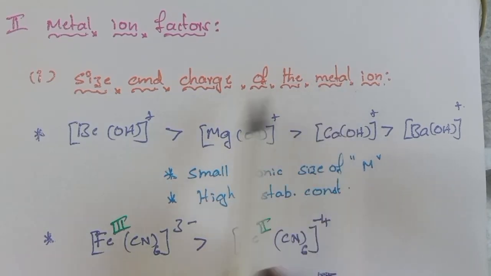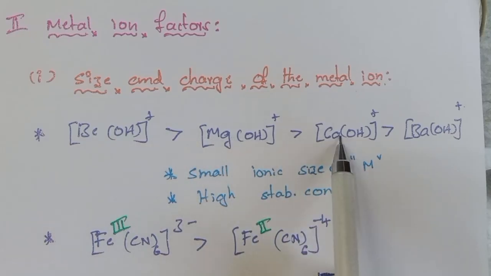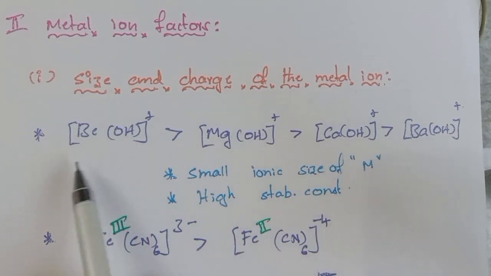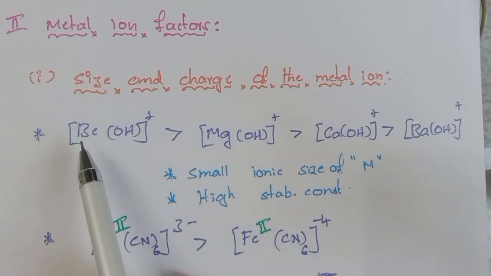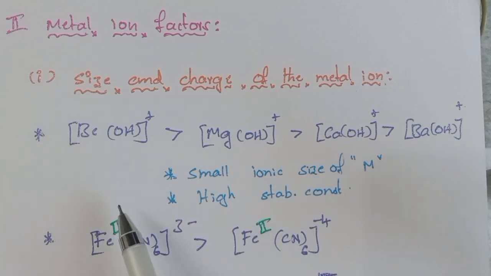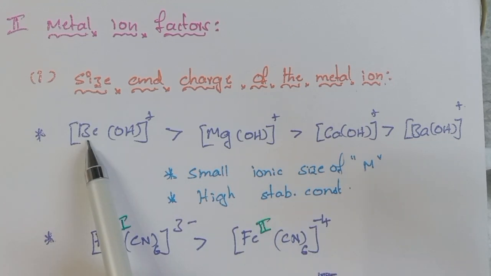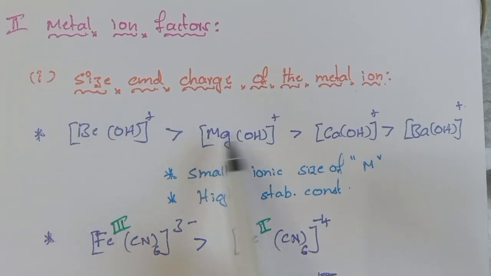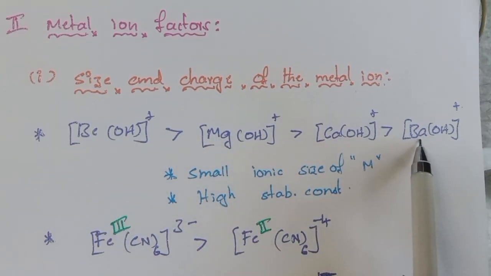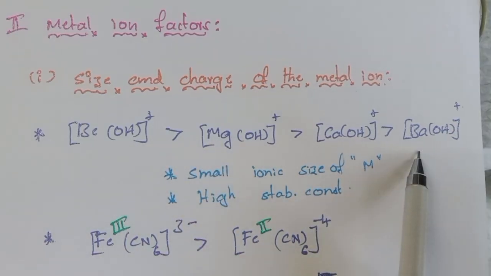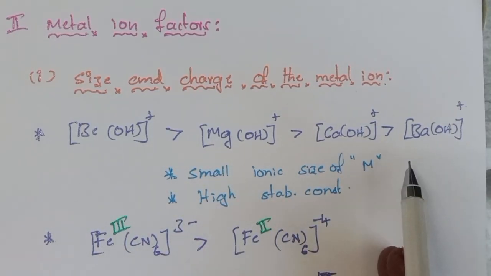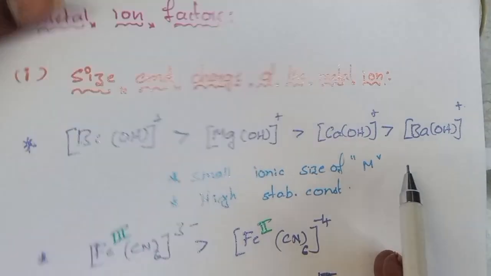For example, if we take beryllium, magnesium, calcium, barium, these are second group elements, right? So down the group, the size increases. So beryllium has a smaller size than magnesium, than calcium, than barium, so that it will form more stable complexes. Small ionic size of the metal will form more stable complexes.